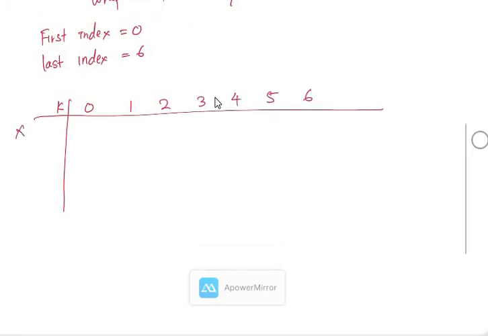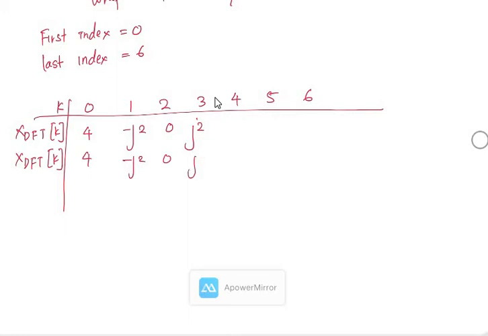This is the X DFT[k], with values 4, negative j2, 0, j2, and the next row is the same: 4, negative j2, 0, j2.